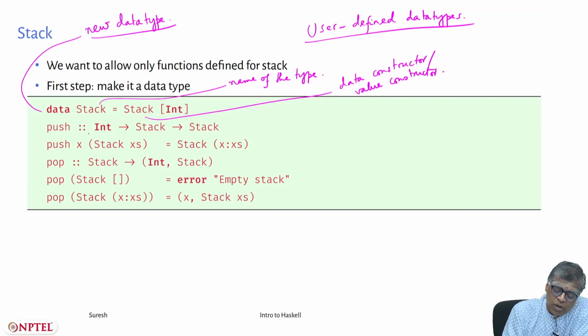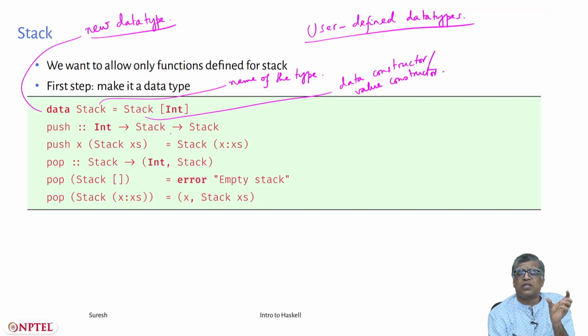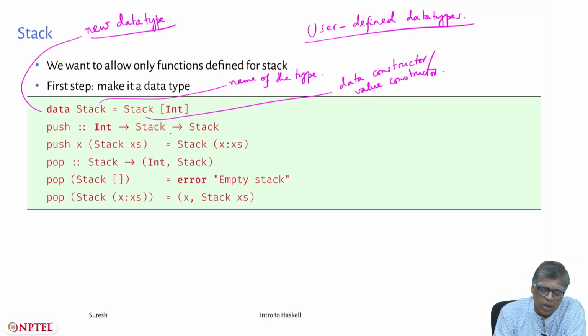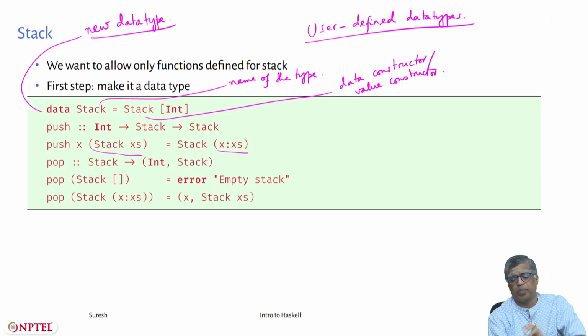Now, you can think of this data constructor Stack as a kind of wrapper that you put around a list of integers. Whenever you want to do any operation, you have to take away the wrapper, do the operation and put back the wrapper. So, push is a function from int arrow Stack to Stack. Push of x into Stack xs: Stack is the wrapper. You remove the wrapper and you get xs, you do the operation, namely adding x before xs, then you put back the wrapper.